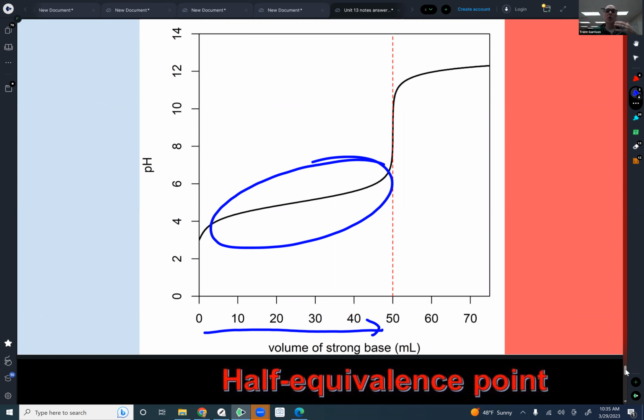Well, at some point you overwhelm the weak acid and it no longer is able to eat it to maintain the pH. Now the pH slightly goes up, but at some point you overwhelm it and then it starts to look like our normal curve. So what you're wanting to look for is this long period where the solution starts to try and slowly increase.